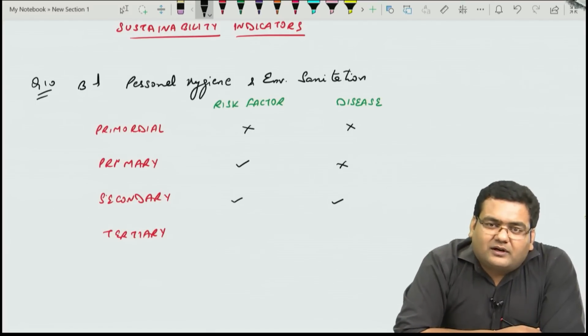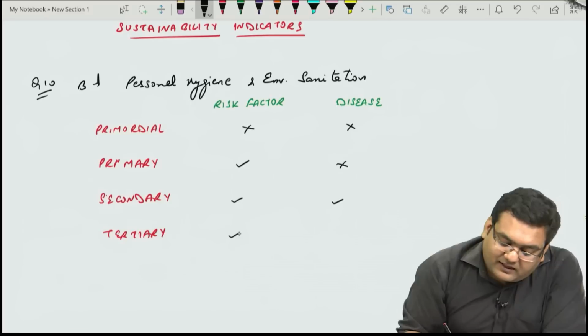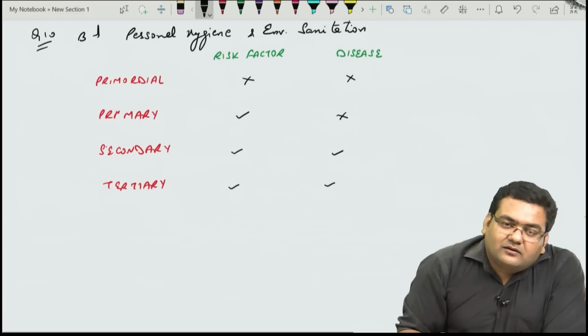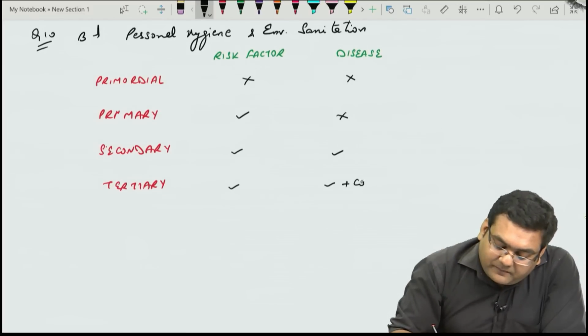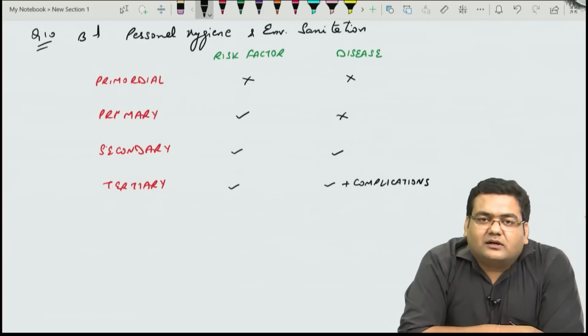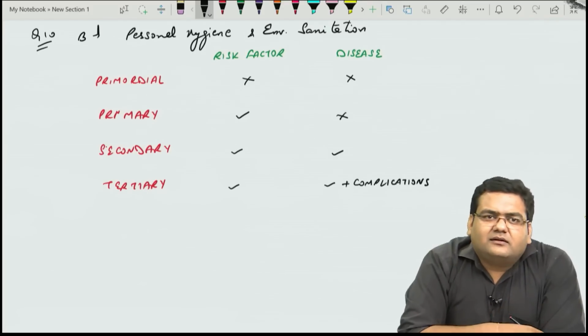And when we talk about tertiary prevention, we say risk factor is present, disease is also present, plus complications have also occurred, an advanced stage of a disease. Now, how do we intervene in such disease or under these levels of prevention?